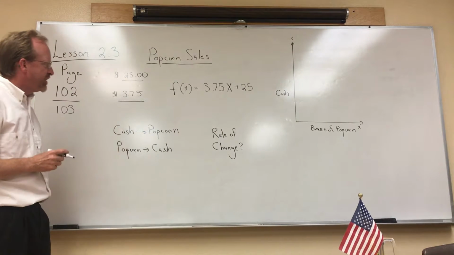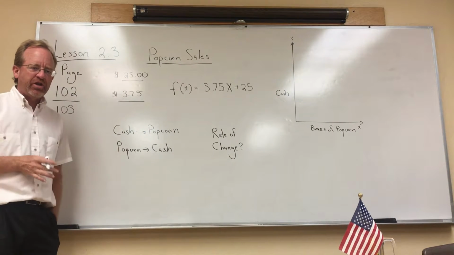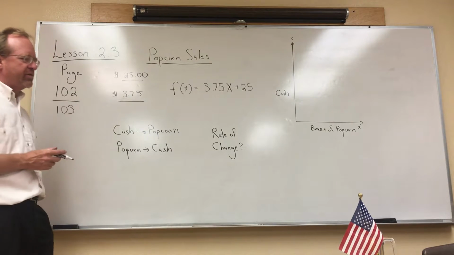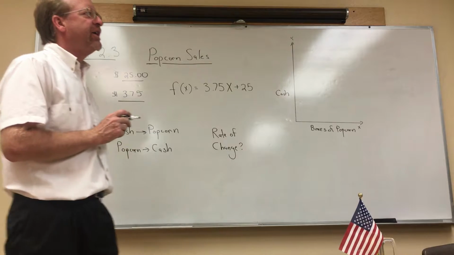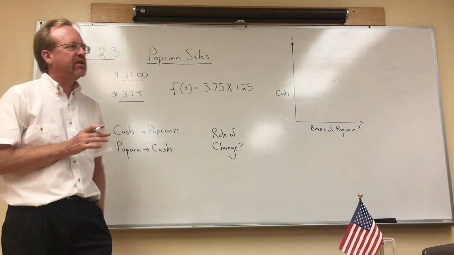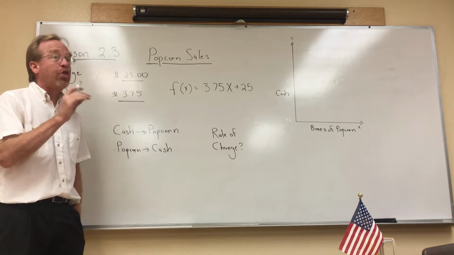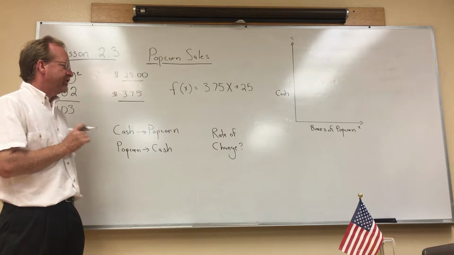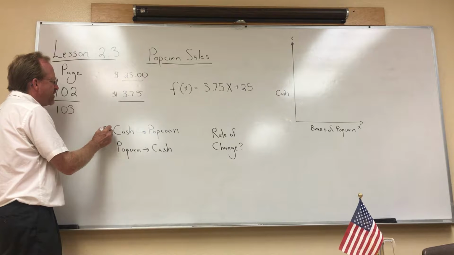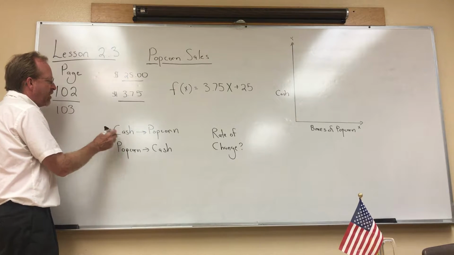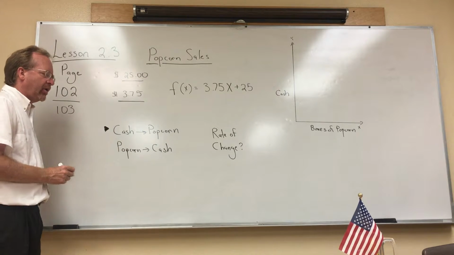So the next question they ask you is which are the independent values and which are the dependent values. And we've talked about this before. The easiest way to figure that out is figure out what depends on the other, okay? So we'll use this example. Does the amount of cash you get depend on how much popcorn you sell?